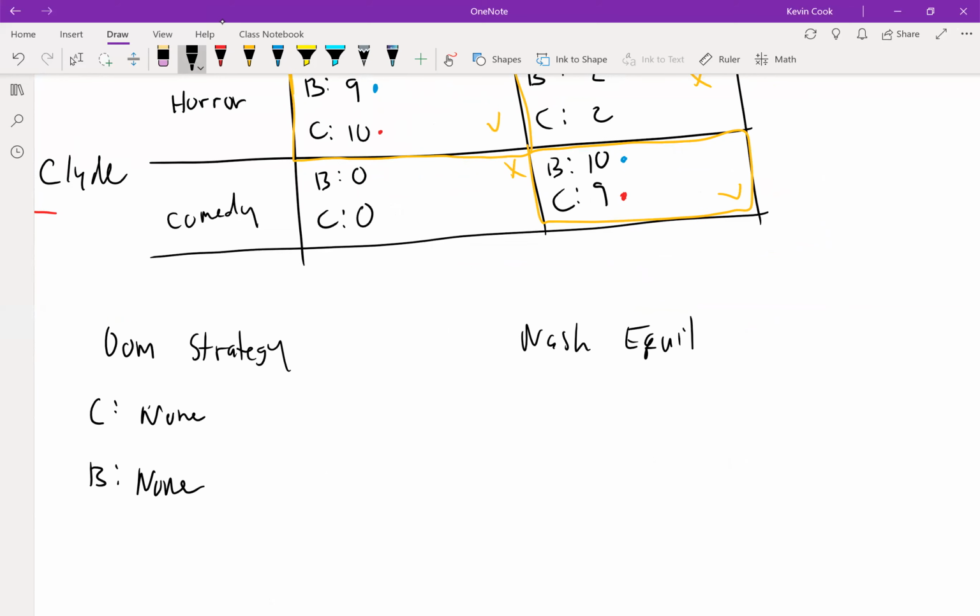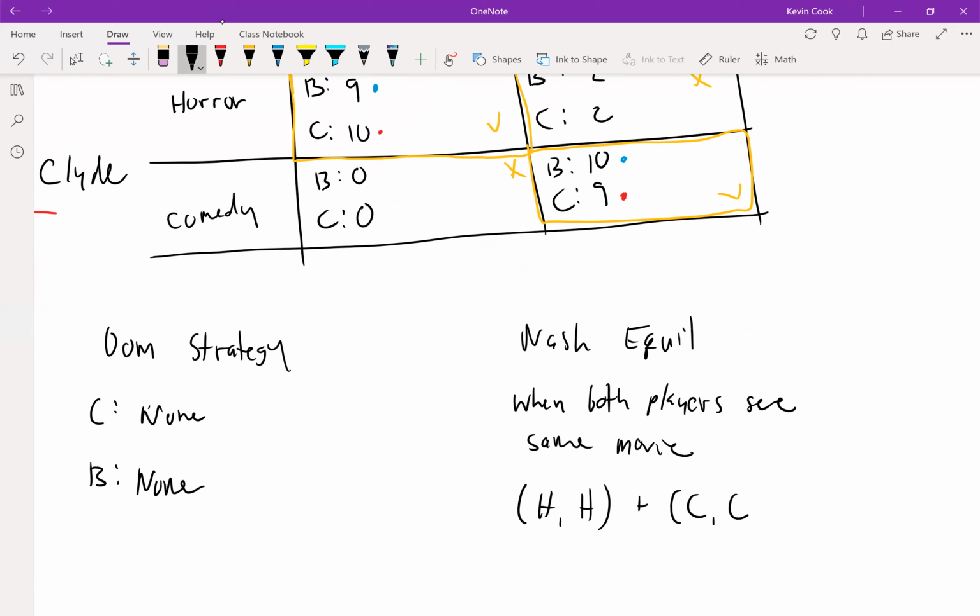One, it's either when both players see the same movie, or we can also abbreviate this as horror and comedy. Kind of two different ways to phrase this. But in this case, we actually have two Nash equilibrium.